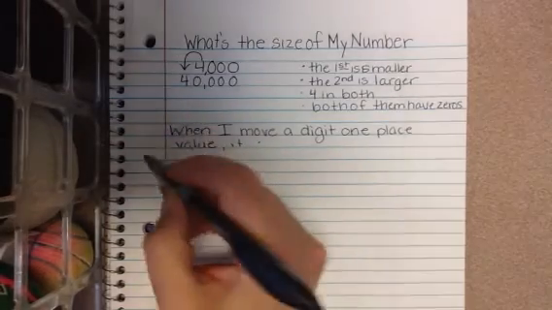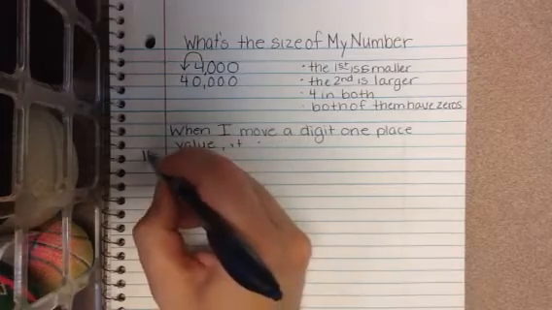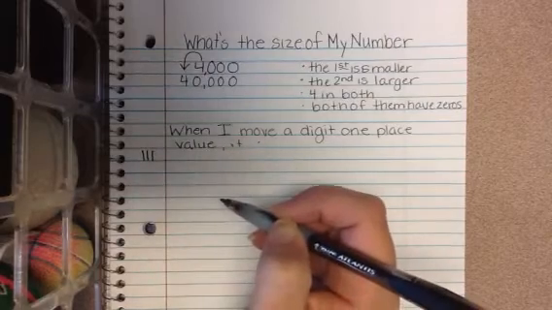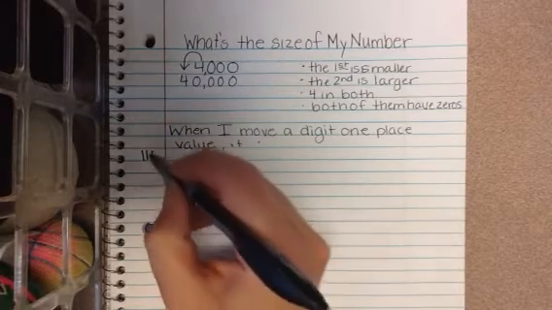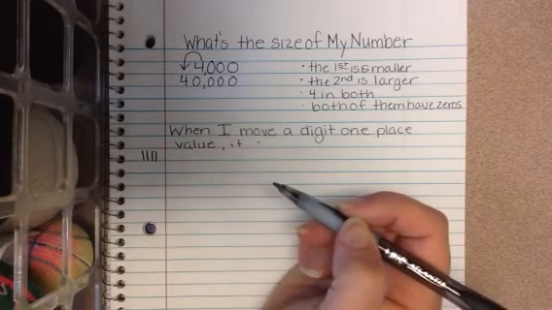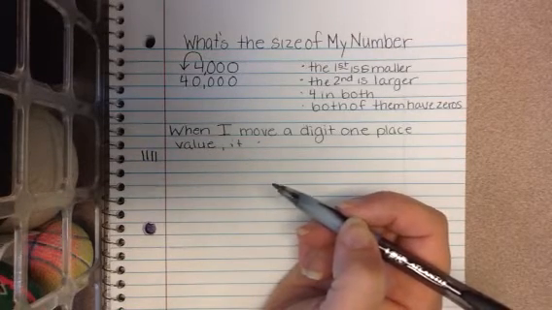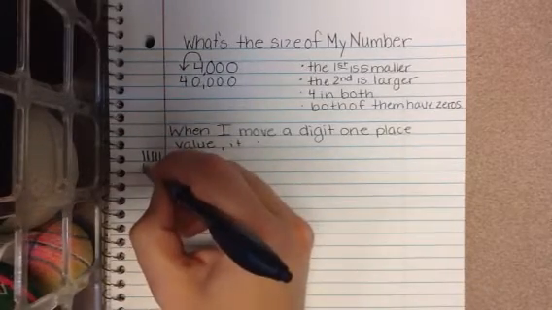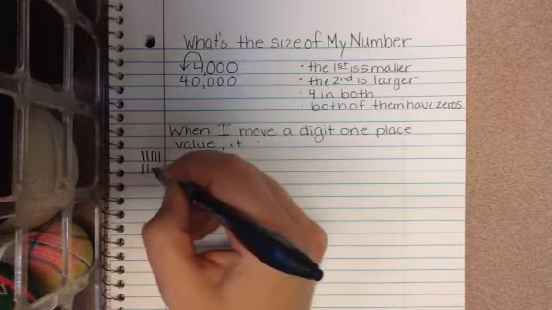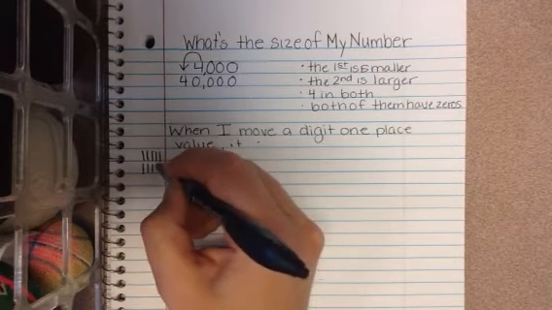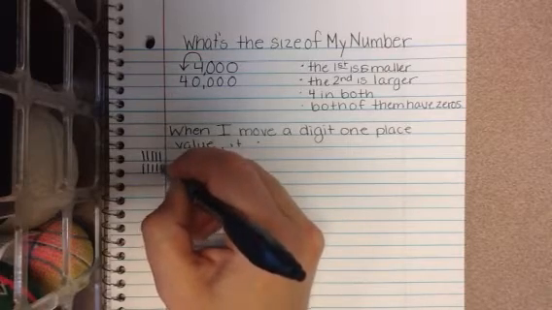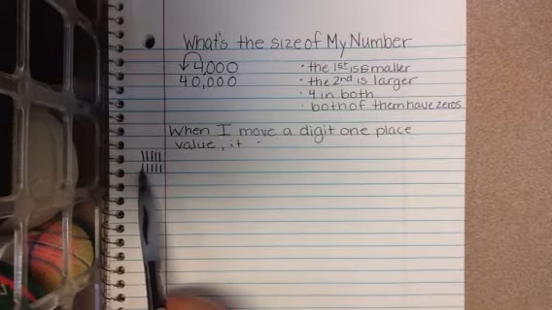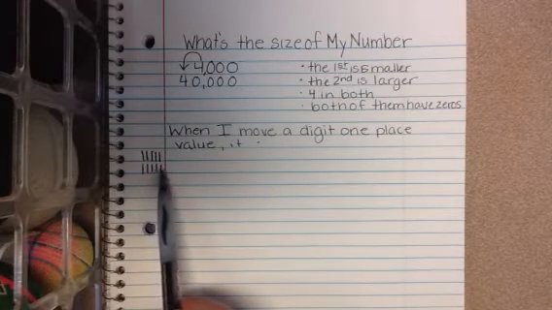Let me keep track here. 8,000 plus another 4,000 is 12,000, then 16,000, then 20,000, 24,000, 28,000, 32,000, 36,000, 40,000. So I'm counting by 4s: 4, 8, 12, 16, 20, 24, 28, 32, 36, 40.